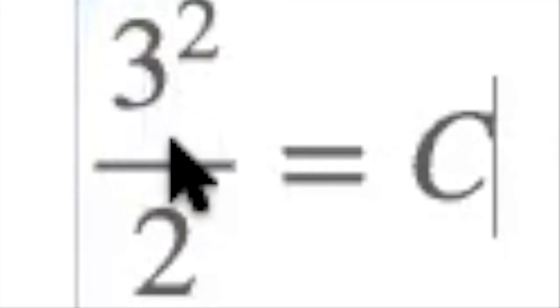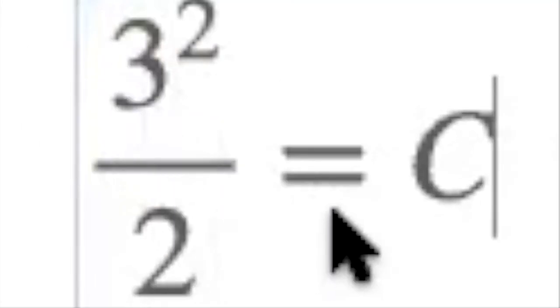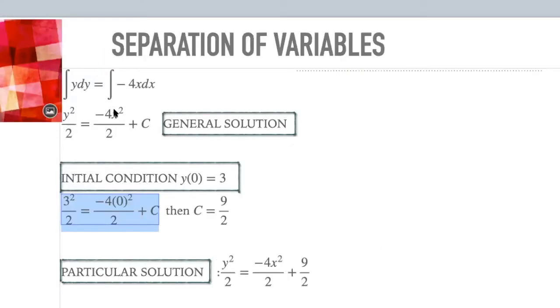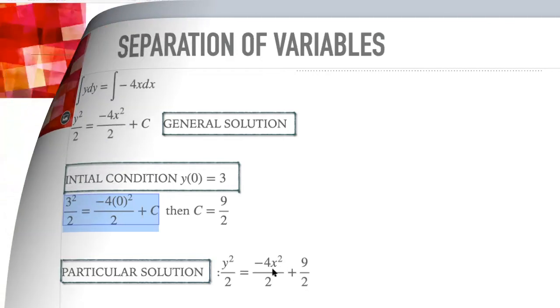So what we have is 3 squared over 2 to give us c, and that means c is 9 over 2. So the particular solution, replacing in y squared over 2 equals negative 4x squared over 2 plus c, the c now will be 9 over 2, so replace it with 9 over 2, and that makes it a particular solution.